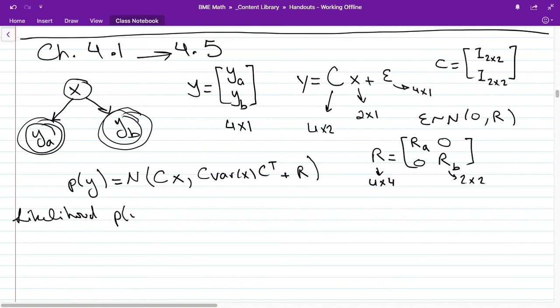Likelihood is probability of Y given X. That's what we're trying to maximize. So what's the probability of Y given X? That is a normal with a mean Cx and a variance of this equation given X. So if X is no longer a random variable, the variance is just the variance of epsilon, which is R.